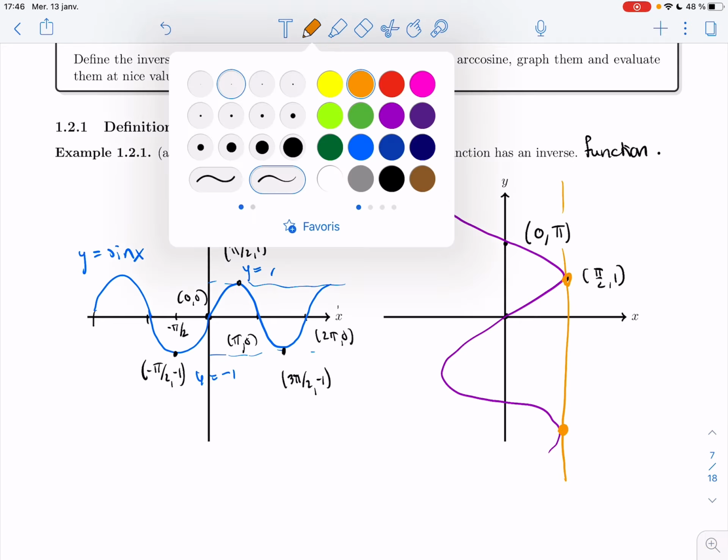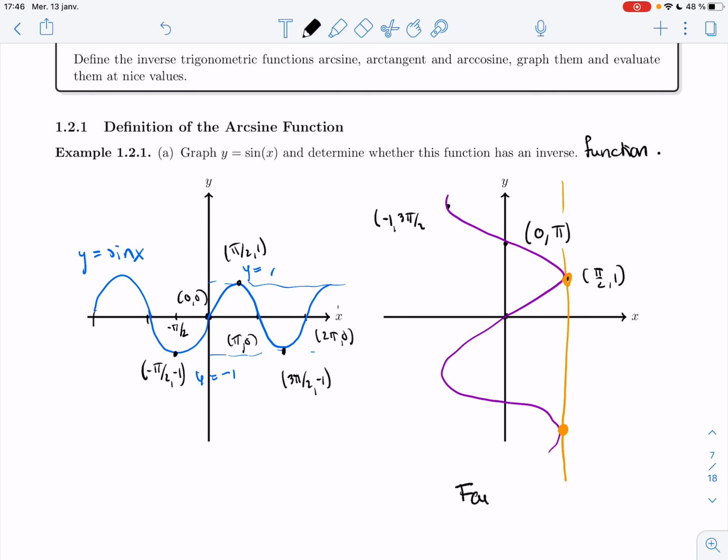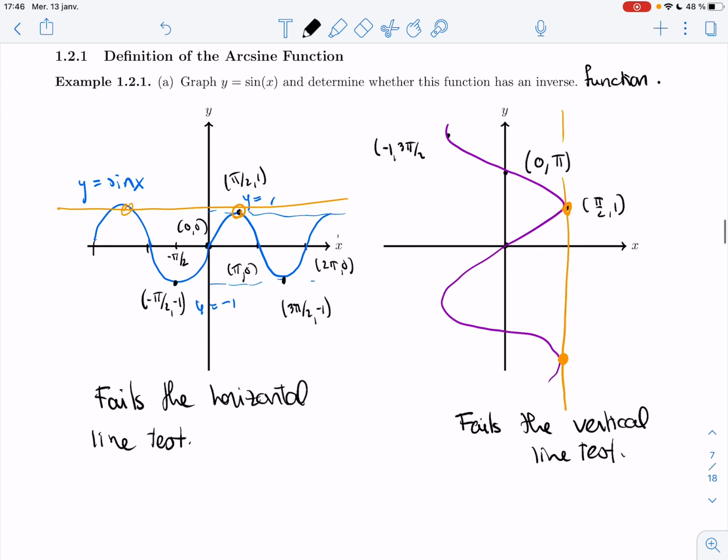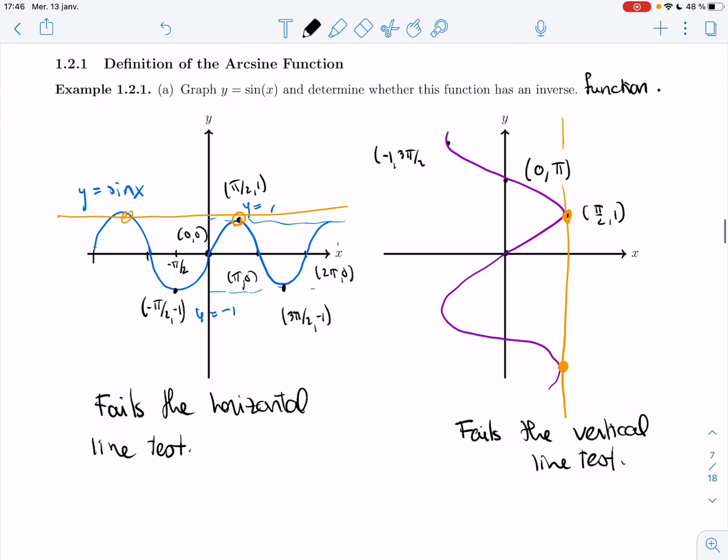So this function fails the vertical line test. Or even at this point, you could see I would fail the horizontal line test. All right, and so that means that this function is not invertible.